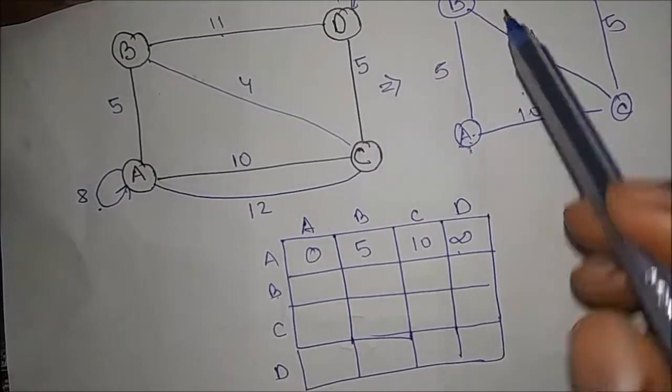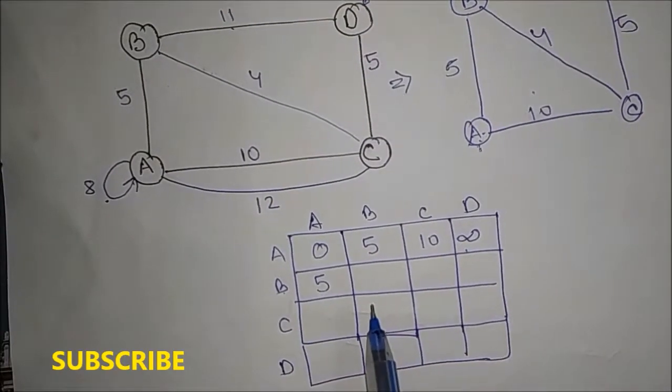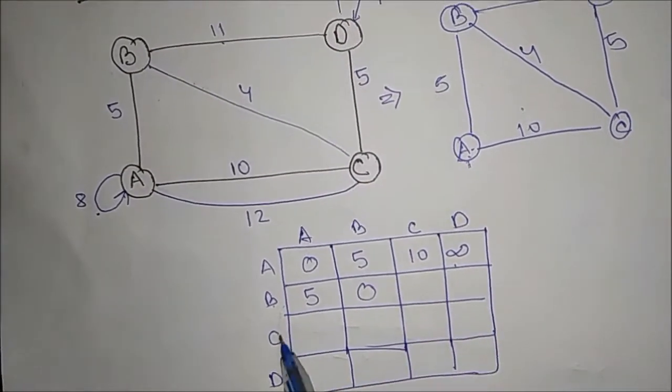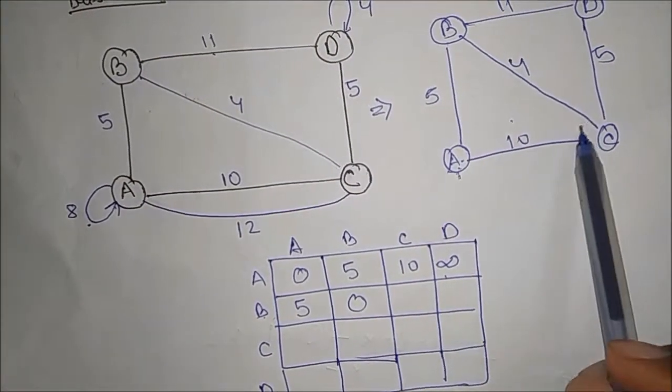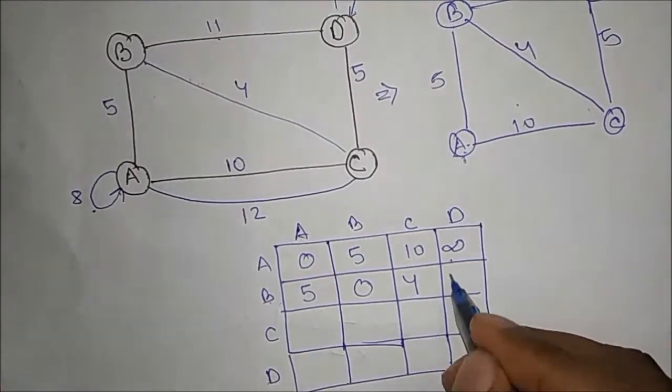From B to A is also 5. B to B distance is 0. Then B to C distance is 4, and B to D distance is 11.